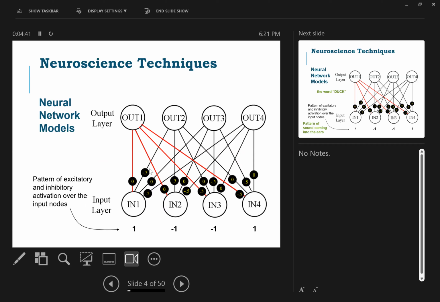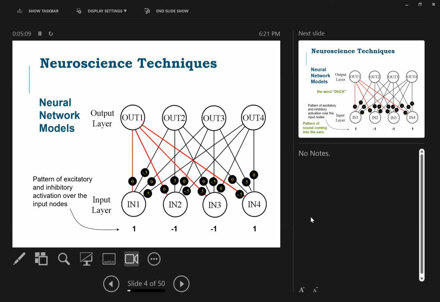So let's say you have a pattern of activity here. When it's positive, it means that the firing rate is above the baseline. When it's negative, it means that the firing is below the baseline. So these cells are getting input from other cells, right? So these are postsynaptic cells for something else. So this is a neural network and there are many, many layers, right?